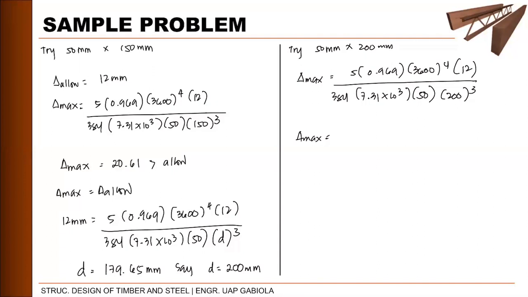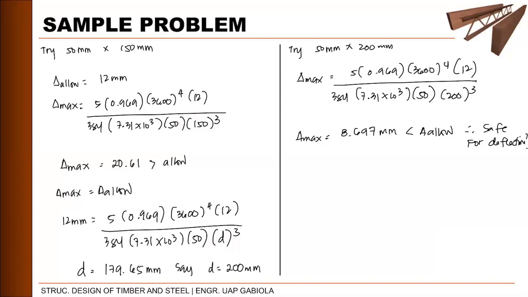I-calculate nyo lang. No? The answer will be 8.697 mm, which is less than dun sa allowable natin. So, therefore, safe for deflection. Okay, so safe na siya for deflection.